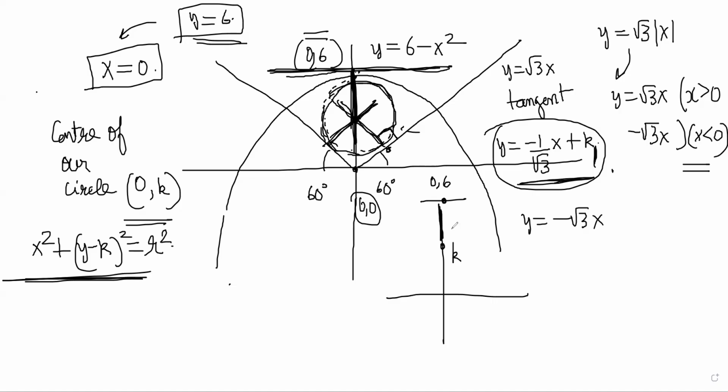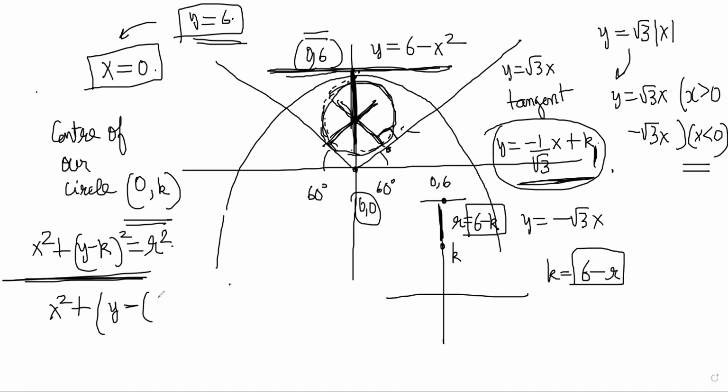So therefore radius is equal to 6 minus k, right? So I can write k as 6 minus r, right? And therefore the equation of the circle is becoming x square plus y minus 6 plus r whole square is equal to r square. This becomes the equation of my circle.